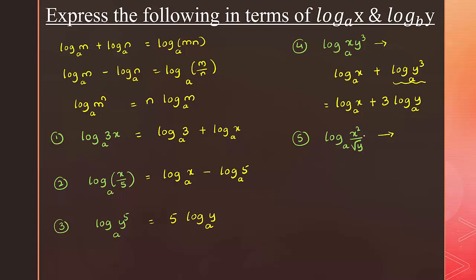So we can use the second rule, that is the logarithmic subtractive identity. It can be written as log x square to the base a minus log of root y to the base a. This is the second rule. It can also be written as log x square to the base a, keep as it is, minus log of square root of y, which can be written as y raised to 1 by 2, to the base a.